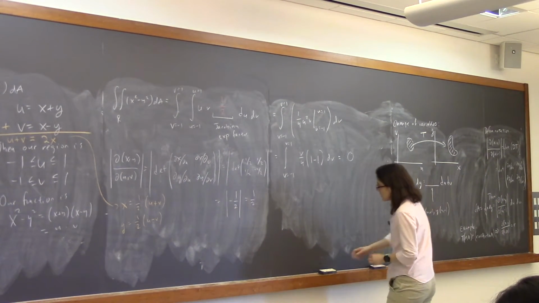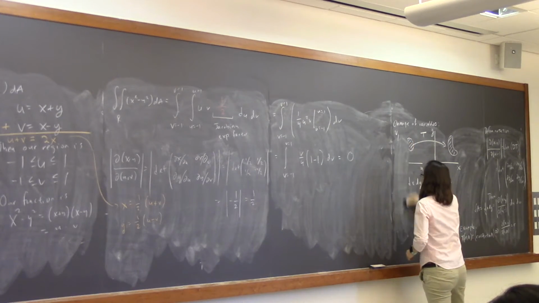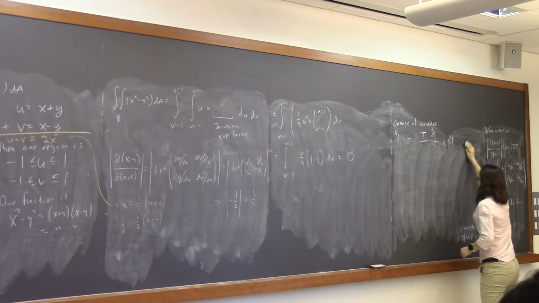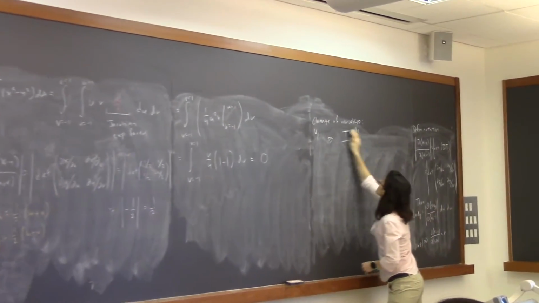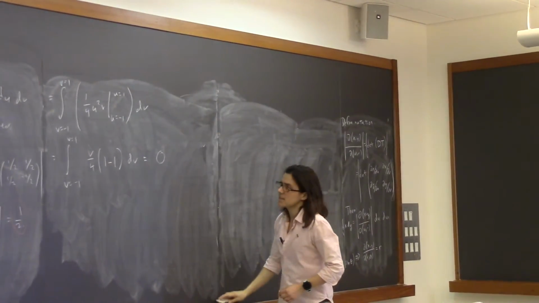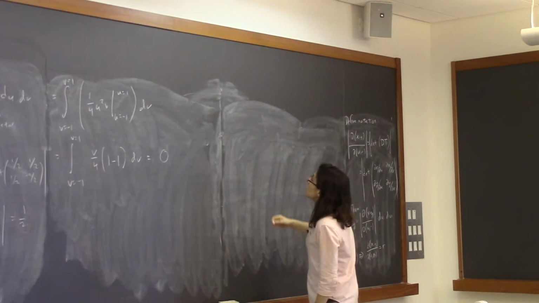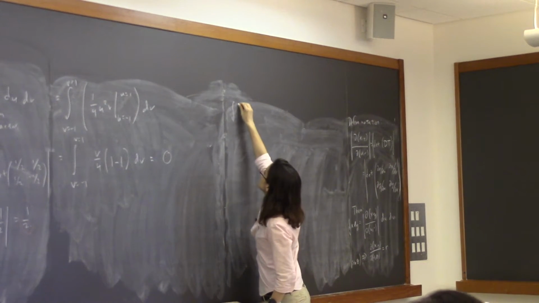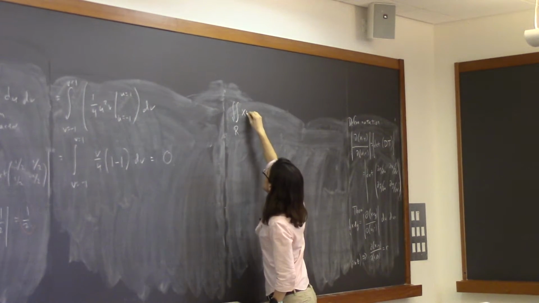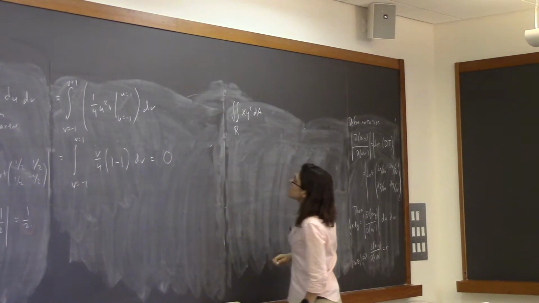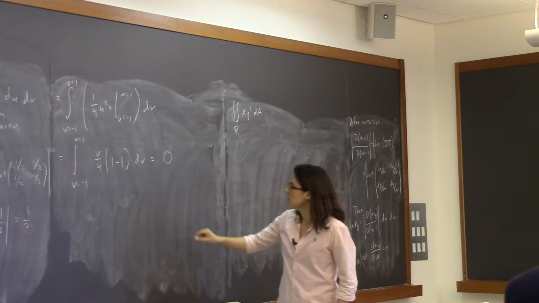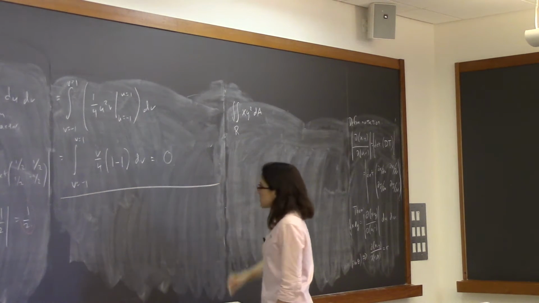Okay, let's do one more. The last one will be a little bit different. So I'll write it down, and then I'll tell you why we're doing this one. Suppose you want to take the double integral over R of xy squared dA over the following region. I'll draw it over here so that we have a little bit more space.